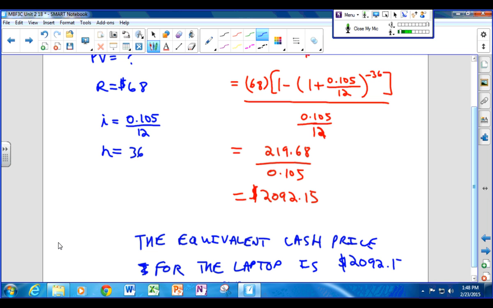Make sure it has a dollar sign on it because it is dollars. Make sure it has the right number of decimal places. Now I've answered the question.